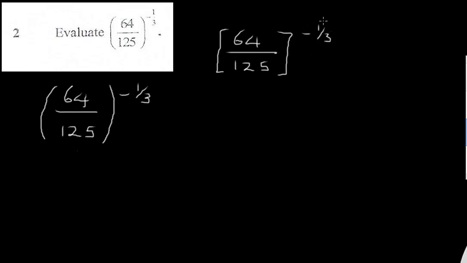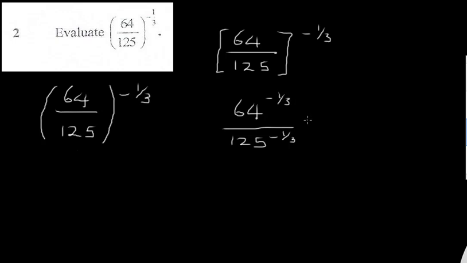But we can distribute this power to each number inside the brackets. So we'd have 64 to the power negative 1 over 3 over 125 to the power negative 1 over 3.